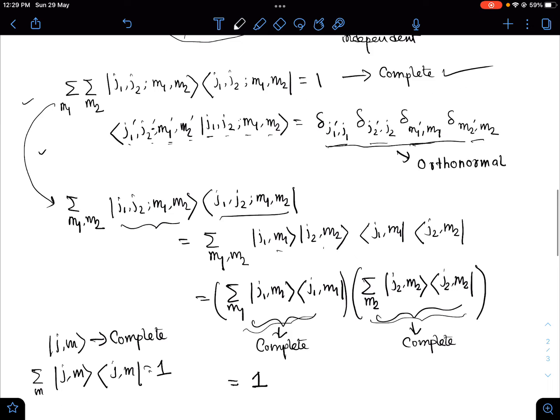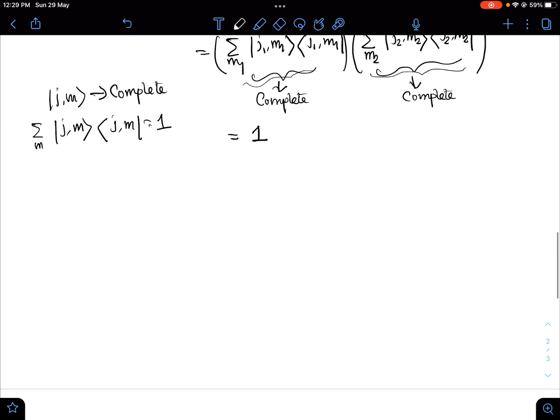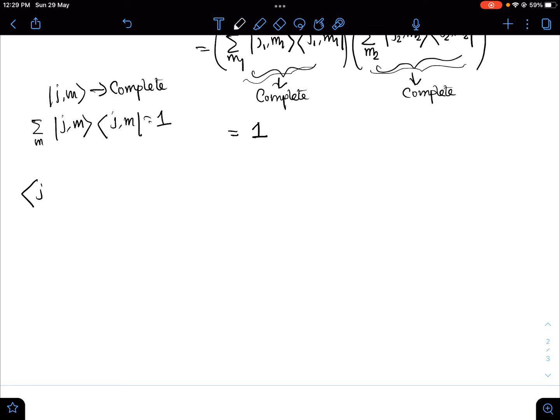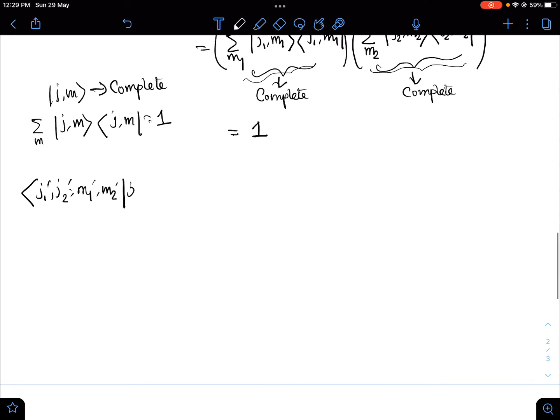Now similarly we can show the orthonormal relation. Let us proceed. We can write <J1', J2', M1', M2'| with |J1, J2, M1, M2>.